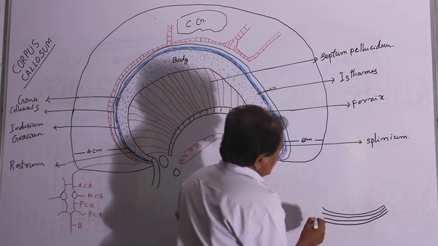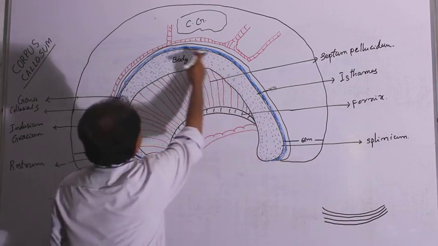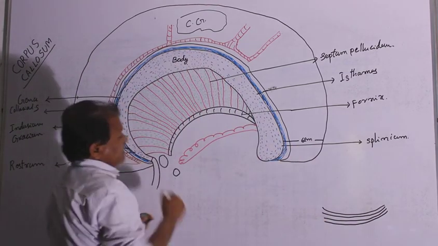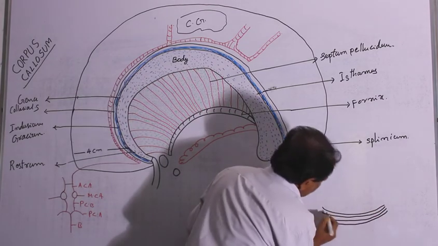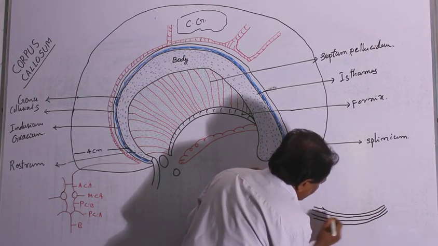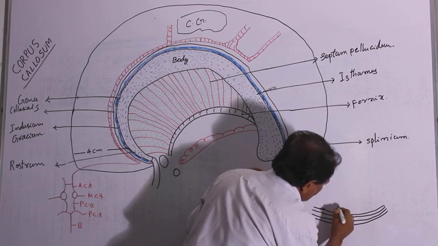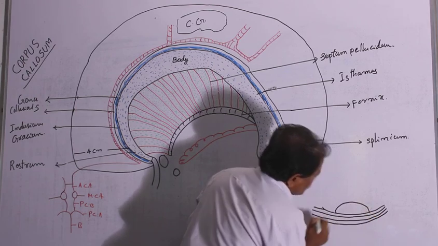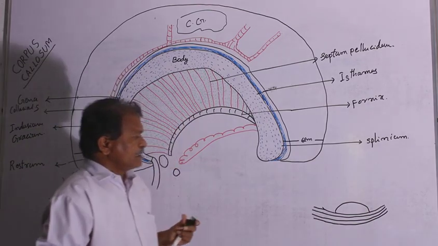Superiorly, here this gray matter is there. It is called the indusium griseum. This gray matter is situated superiorly here, and this is the indusium griseum.